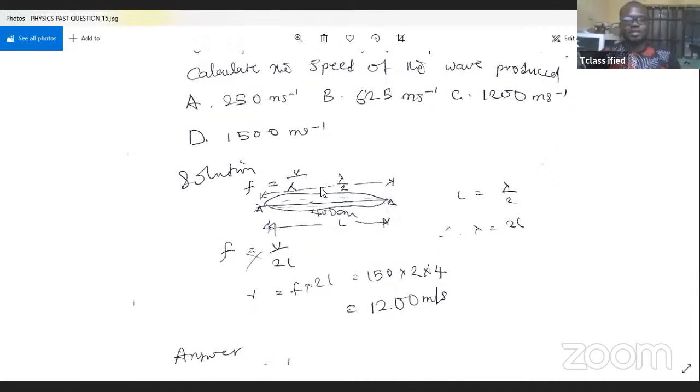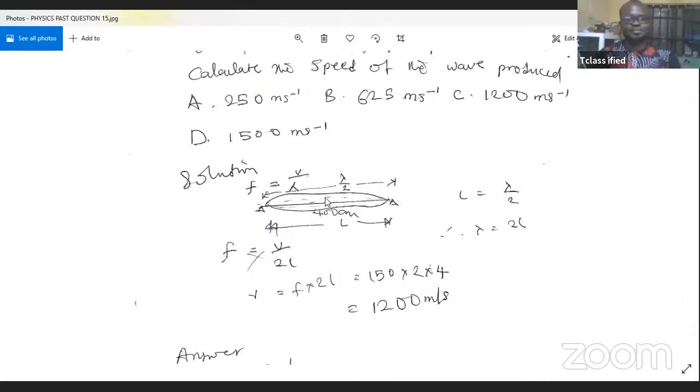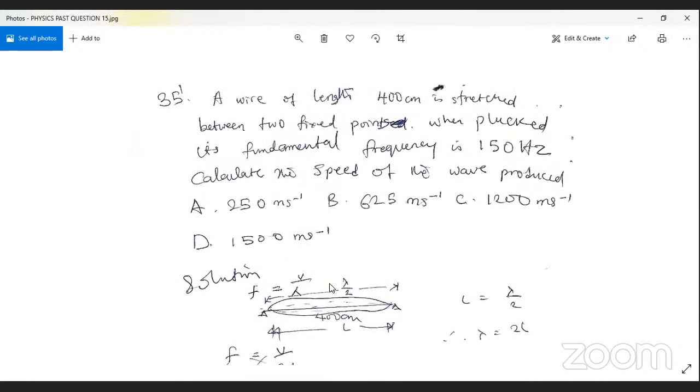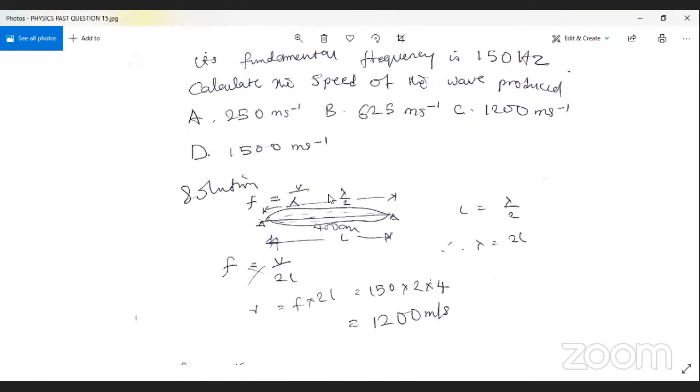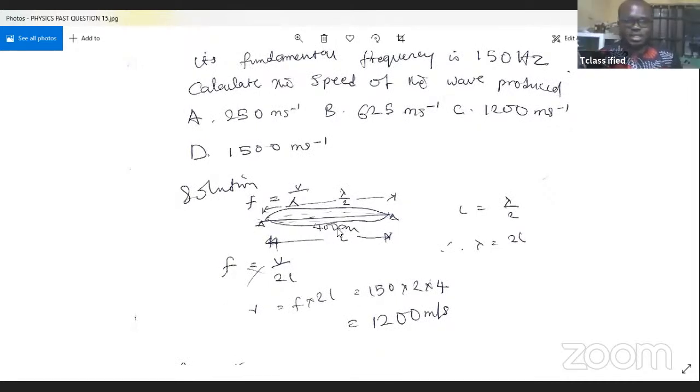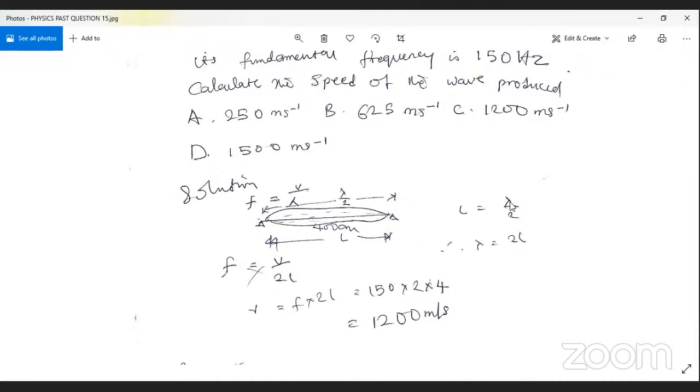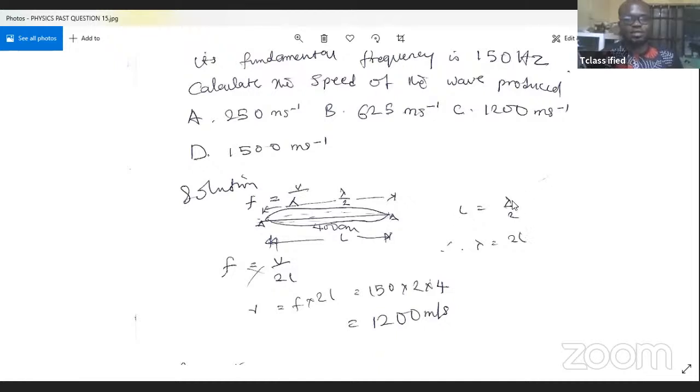Okay, solution, you can see the sketch here. So these are the 2 points, and this length is 400. Now, this length is actually equal to half the wavelength.